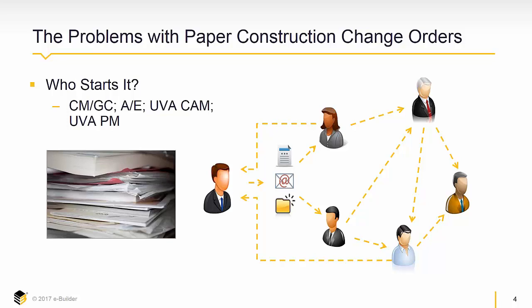Does it vary depending on the size of the project? Does it vary depending upon how big the change order is? Does it vary depending upon who the PM and CM are, or the experience we have with the AE or the CM or GC? While we have a form that they fill out, typically figuring out who starts it, and how, and the basic information can be challenging.